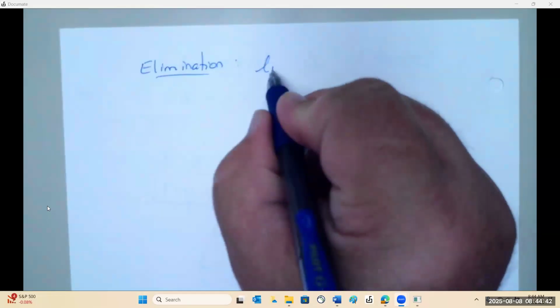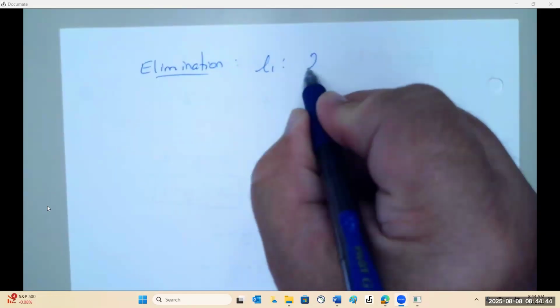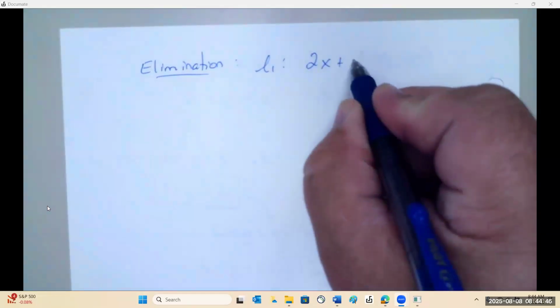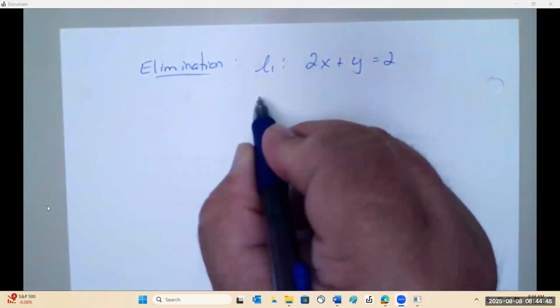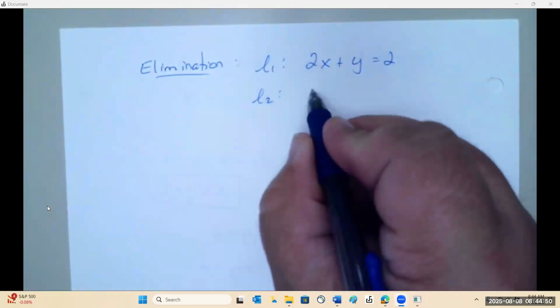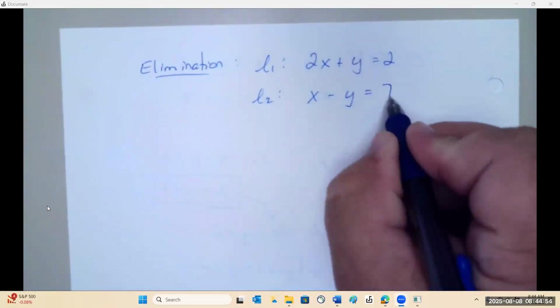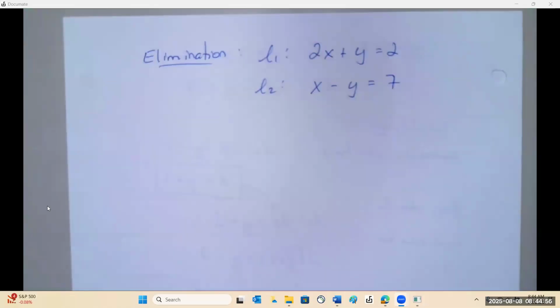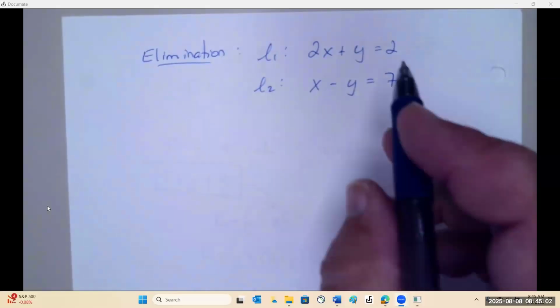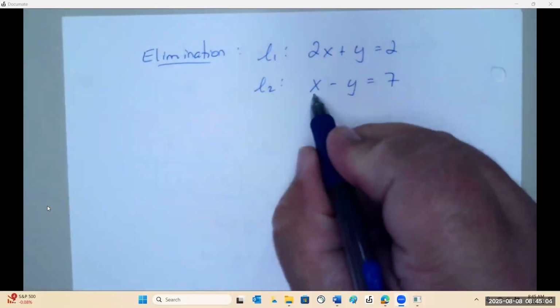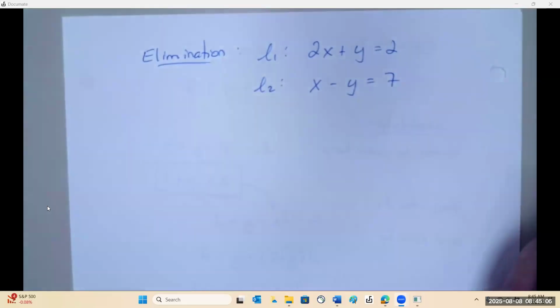So we have line 1 is 2x plus y equals 2. L2, x minus y equals 7. Let's say one of these two equations were ready. Let's say the second one was x equals y plus 7 already.